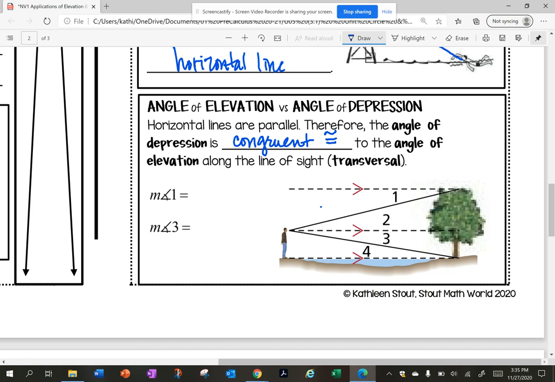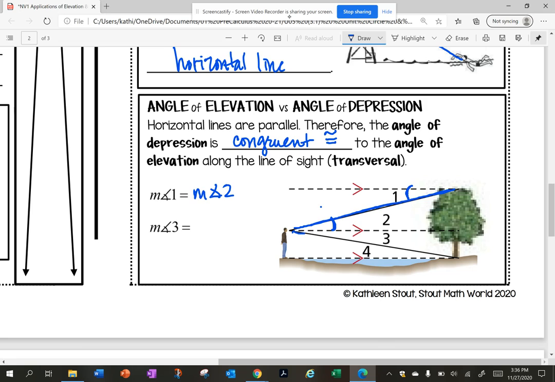So taking a look at the measure of angle 1, here is my line of sight. My two horizontal lines above and below that are angles 1 and 2. Angle 1 is the angle of depression. Angle 2 is the angle of elevation. So the measure of angle 1 is congruent to the measure of angle 2.